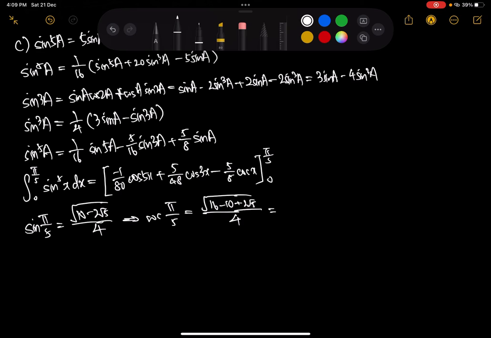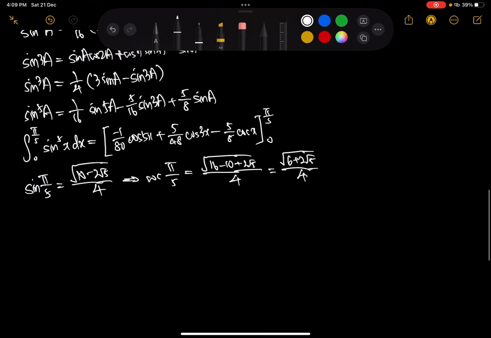So we have root 6 plus 2 root 5 over 4. And that's cosine pi over 5.